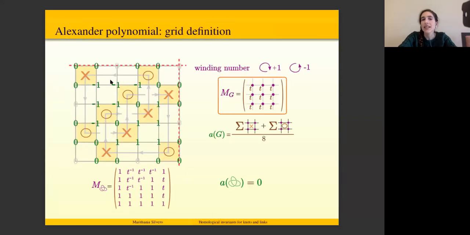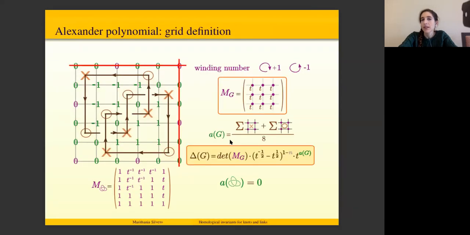So in this case, just take X and circles, keep the numbers that are in the corners of the squares where you have either a cross or a circle, and then add all of them, and then quotient by 8. And this is going to be A. Okay? In this case, we have the same number of ones as of -1. So when you add them all, you get 0. So in this case, A is 0.